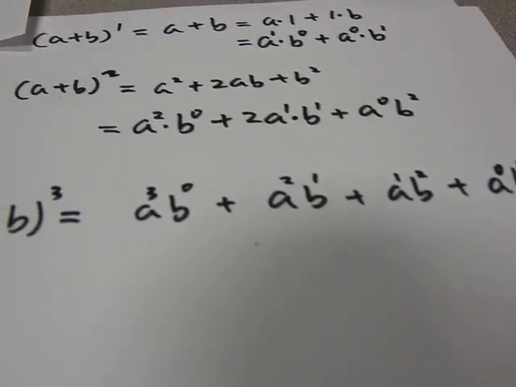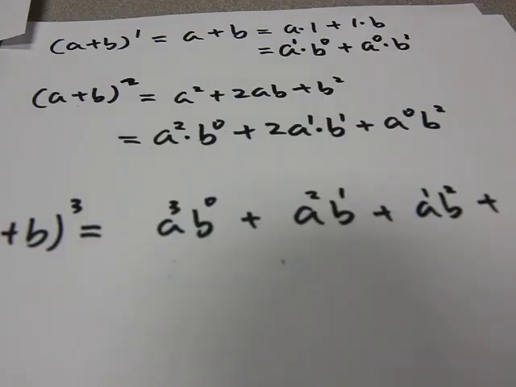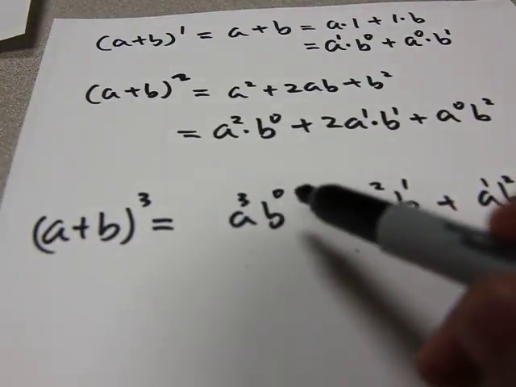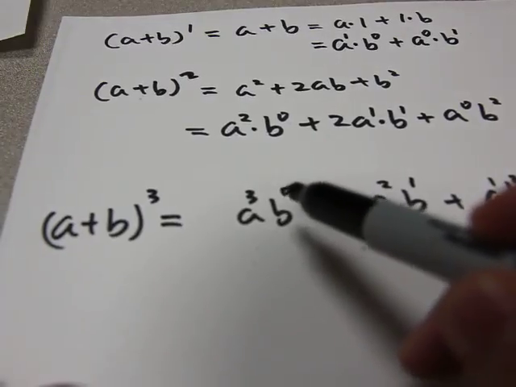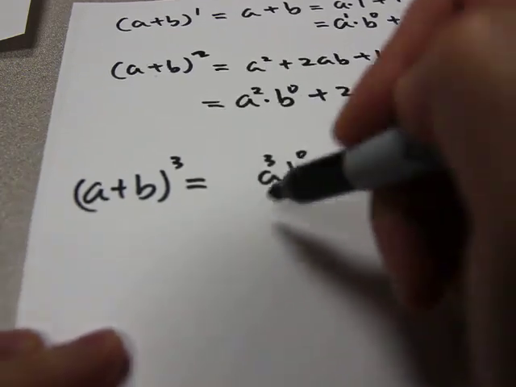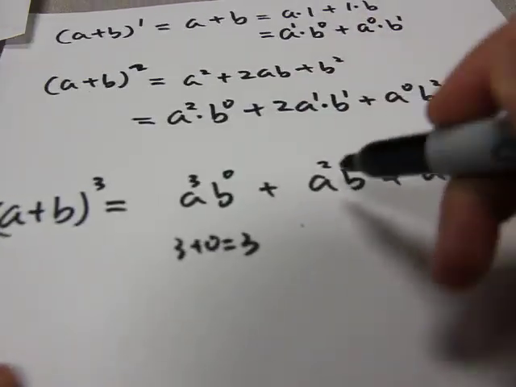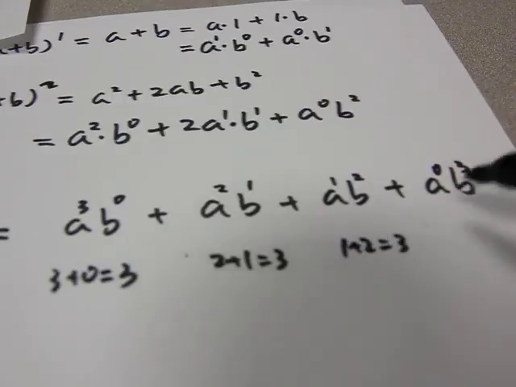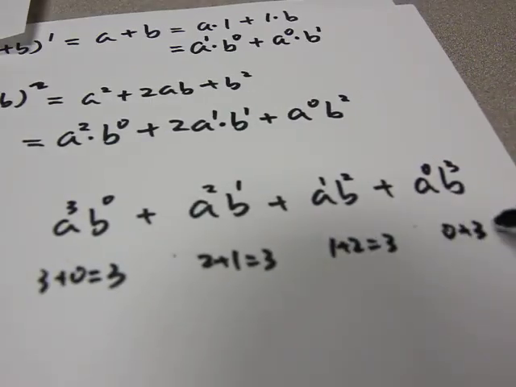Okay. Another way you can remember this is that the sum of the exponents is always equal to n. You see here, 3 plus 0 is 3. 2 plus 1 is 3. 1 plus 2 is 3. 0 plus 3 is 3.